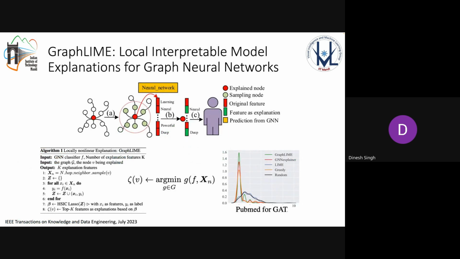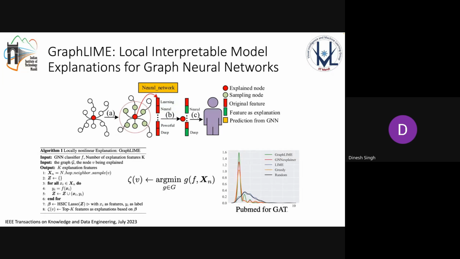So now, coming to our last topic: how can we tell whether the features a graph neural network is learning at the end have some significance?